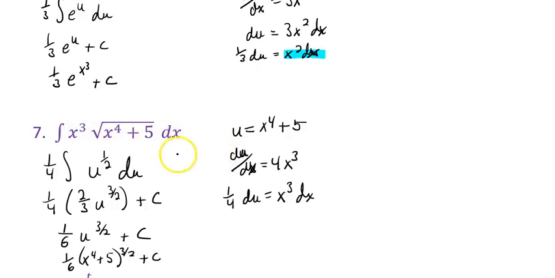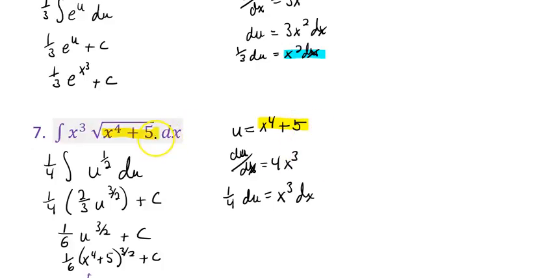Okay, example 7 is another one of those where you see part of the derivative in the problem. The derivative of x to the 4th plus 5 would be 4x cubed, and there is an x cubed in the problem. So that makes the x to the 4th plus 5 a really good u. So I chose that as a u. Take the derivative, we get du dx equals 4x cubed. The 5 goes away.